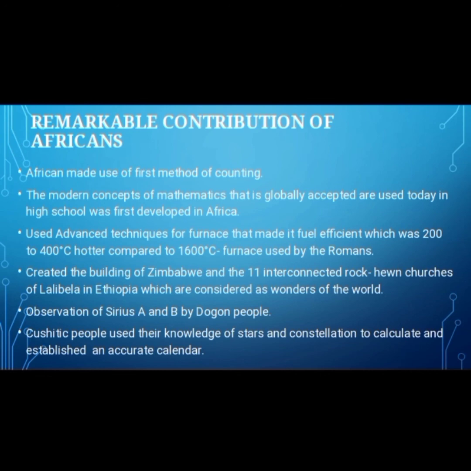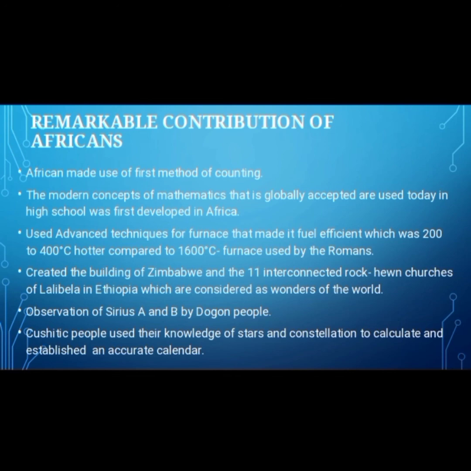Next, they used advanced techniques for furnaces that made them fuel efficient, which were 200 to 400 degrees Celsius hotter compared to the 1600 degrees Celsius furnaces used by the Romans.